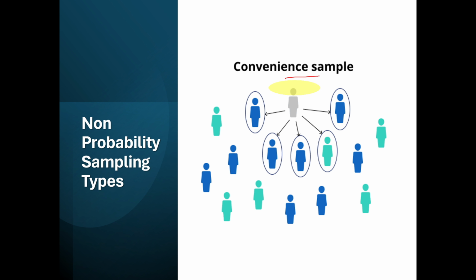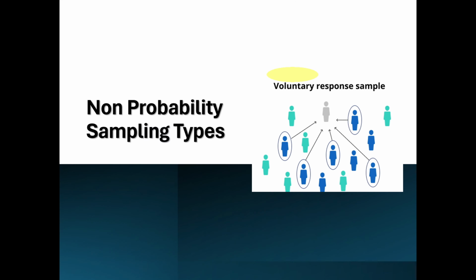So you will select London and the cities next to you, whereas you will ignore the cities which are far away, for example Edinburgh, Aberdeen, or Brighton. This is what we know as convenience sample. If you remember this diagram, anything near you, that's how you do the convenience sampling.